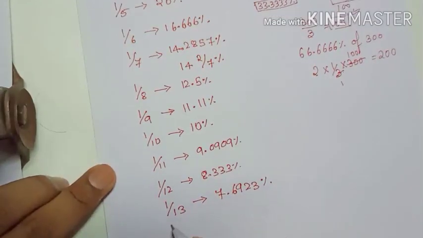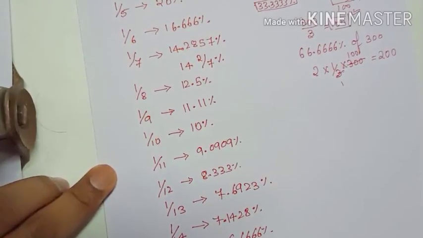So 1 by 14 value is 7.1428%. 1 by 15 value is 6.6666%. 1 by 20, at last till 20 you can remember. So 1 by 20, it is easy, 5%.